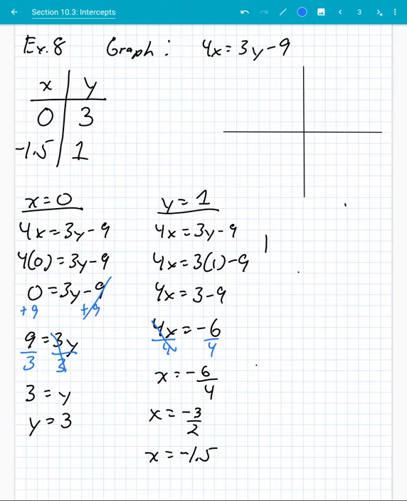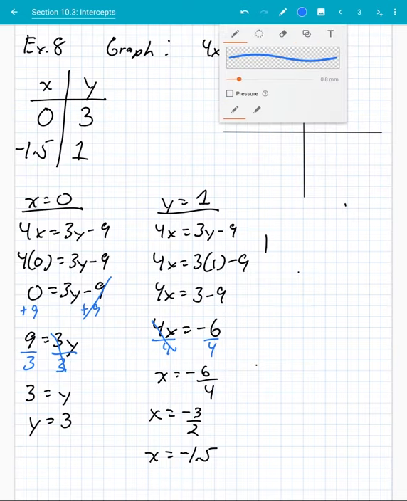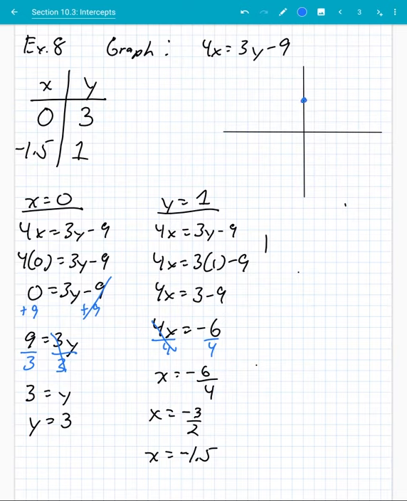And plot the points. Let's see, 0, 3. Bam. Right there. There's 0, 3 and negative 1.5 and 1. So remember, negative 1, go here, and then negative 1.5 is like right here. Then we can go ahead and go up 1. And there's our graph.